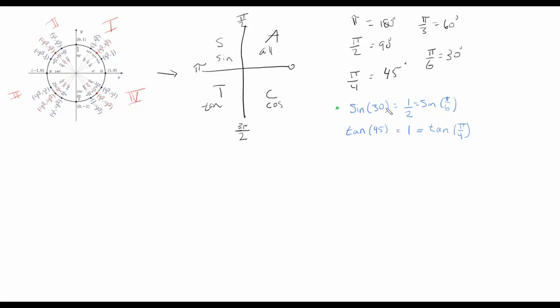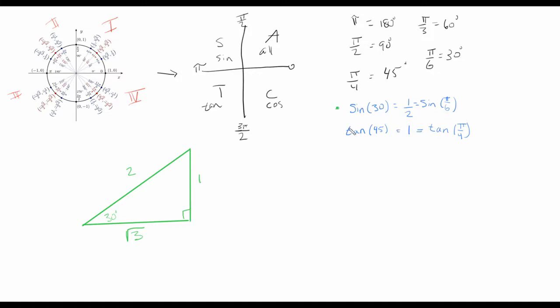We know sine of 30 is 1/2, so if we have a right triangle with a 30 degree angle, we have 1, 2, and then a quick little Pythagorean theorem gives us square root of 3, right?